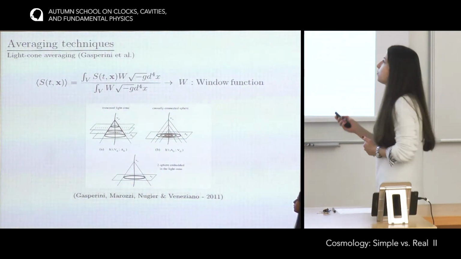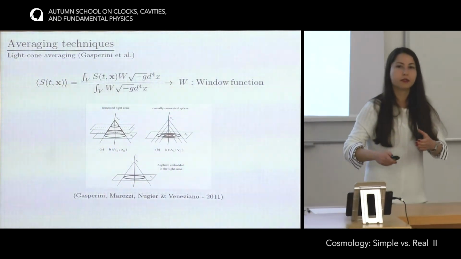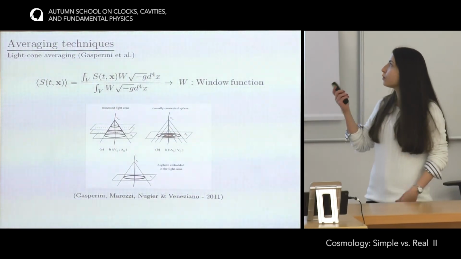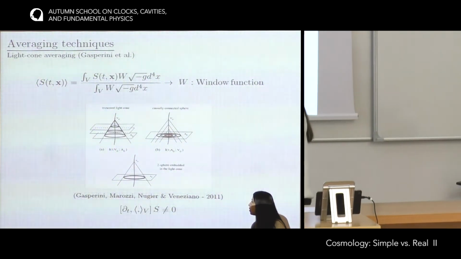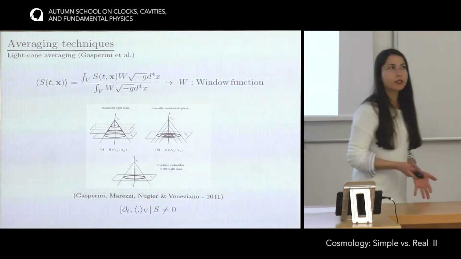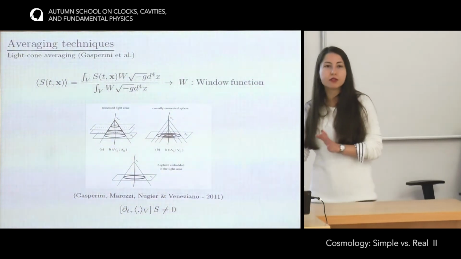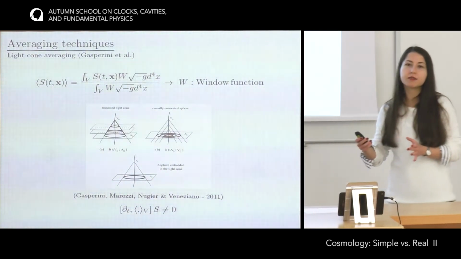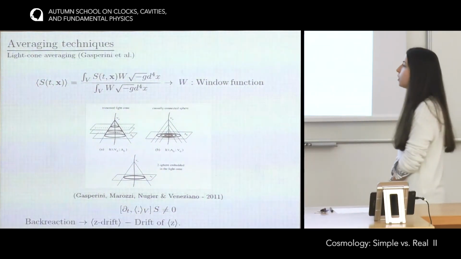Or you have this two-sphere embedded in the light cone, and you can do the averaging with a clever window function you choose. So again, there's a non-commutativity of the evolution operator and the averaging procedure, and that gives you the back reaction term that I was talking about.